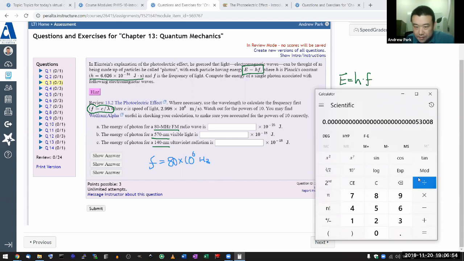How do I explain this? Whatever number I have here, I don't actually want to plug in that number. I want to plug in the number without this power of 10 part, times 10 to the power of minus 25.